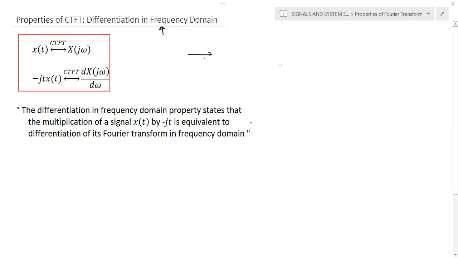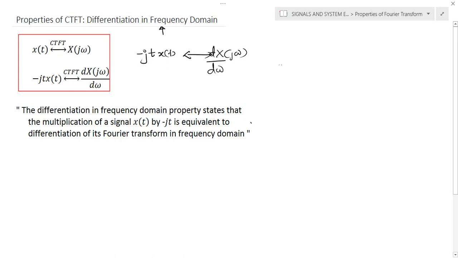Then d by d omega of X of j omega is equal to, in time domain, multiplication by a factor minus j t into x of t. So it's equivalent to multiplication in time domain by a factor minus j into t.